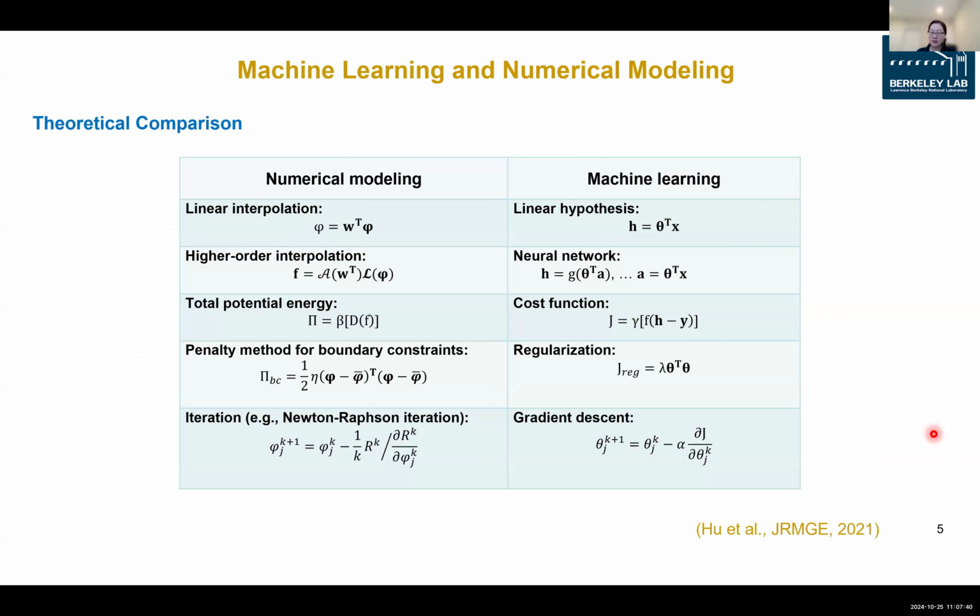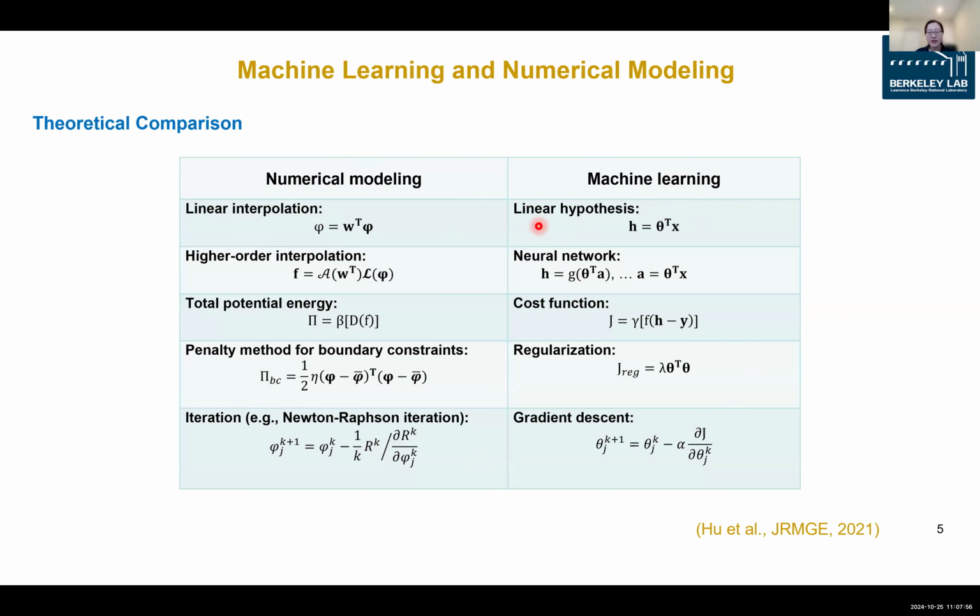I'm trained as a numerical modeler. I actually developed my own code from scratch. So I often like to compare anything with numerical modeling. By comparing machine learning and numerical modeling, we actually find a lot of similarities.